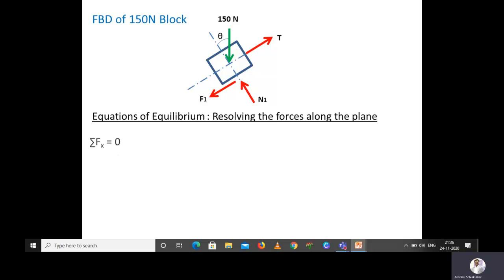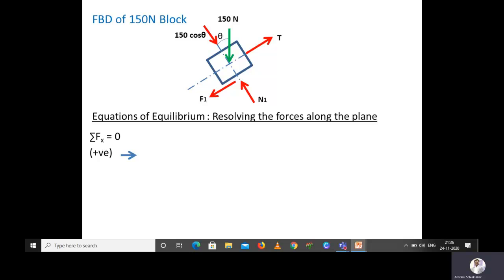The first condition is that the summation of forces along the x direction is equal to 0, that is, the x direction with respect to the inclined plane. We are taking towards right as positive on the inclined plane. For the 150 Newton weight, we resolve with respect to the plane.